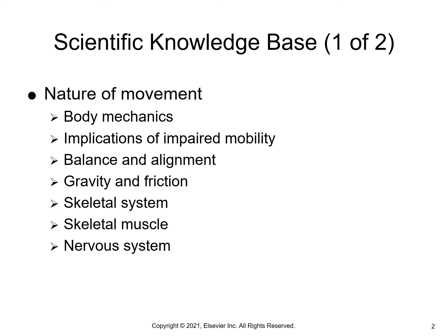How does it affect the musculoskeletal system? How does it affect the respiratory system? Before I jump in and say, okay, this is what I'm going to do to help the patient that has an immobility problem. Do I know what elements contribute to activity tolerance versus what contributes to activity intolerance?